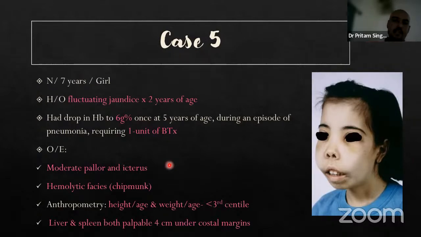This time when you examine her, at 7 years old, the child has moderate pallor and jaundice. She has hemolytic facies, which is a form of zygomatic prominence. Anthropometry showed growth failure. Liver and spleen were both palpable around 3-4 centimeters below the costal margin. Any differential?